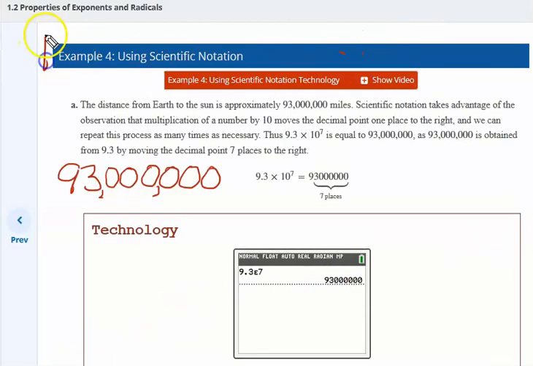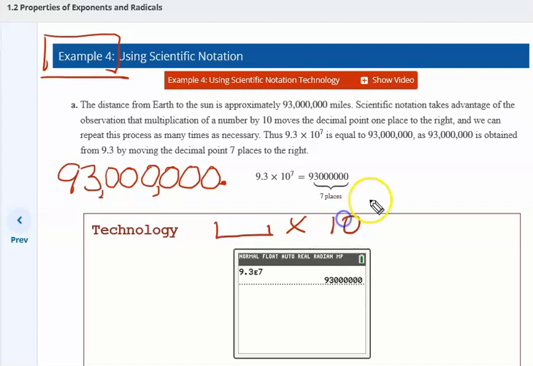Now, in example 4, they're telling of the distance the Earth is from the Sun, 93 million miles. Put that in scientific notation. So we want our decimal point here, and we want a value times 10 to some exponent. If it's a large number, we're going to move the decimal to the left so that we make this a number between 1 and 10.